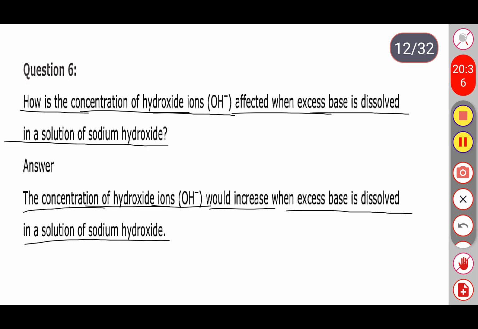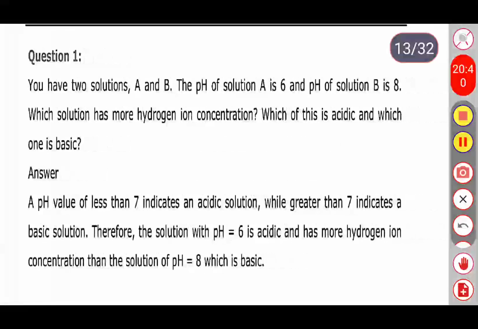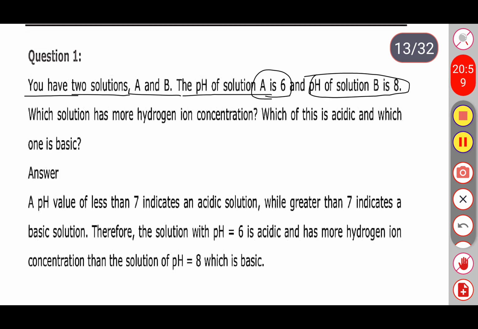You have two solutions, A and B. The pH of solution A is 6 and the pH of solution B is 8. Which solution has more hydrogen ion concentration? Which of them is acidic and which one is basic?